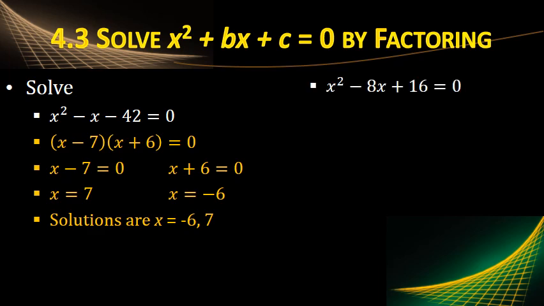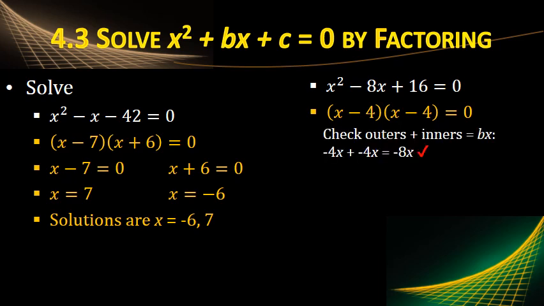Let's try another one. Start by factoring. What times what is x squared? Probably x times x. And what times what is 16? Well, maybe we try negative 4 and negative 4. Check our outers and the inners.